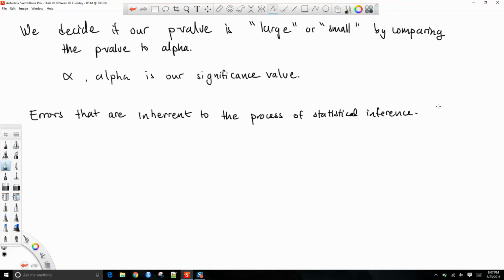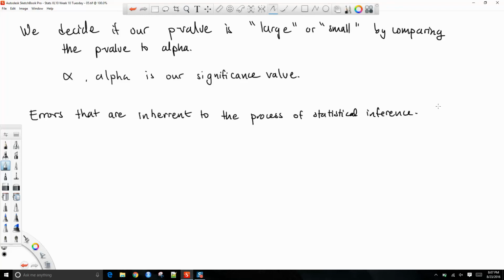Unless you have all of the information and know what's going to happen in the future, whenever you make a decision, you might have made a mistake. And it's the same with statistical inference.